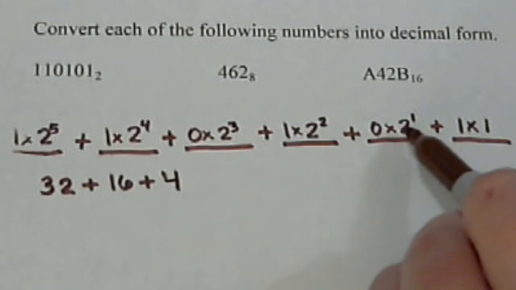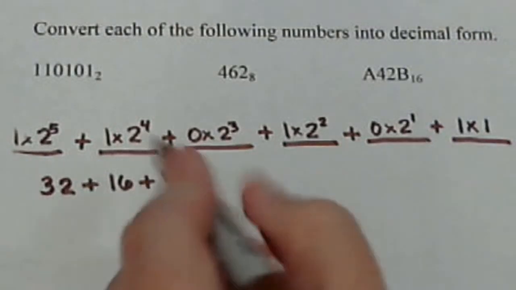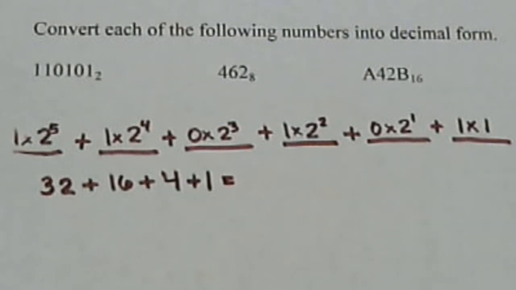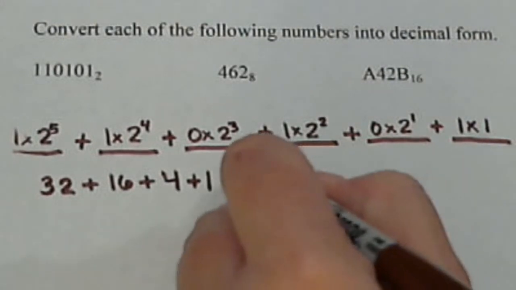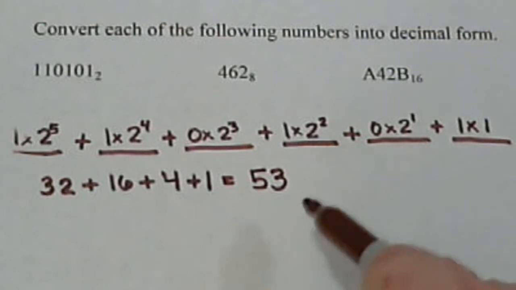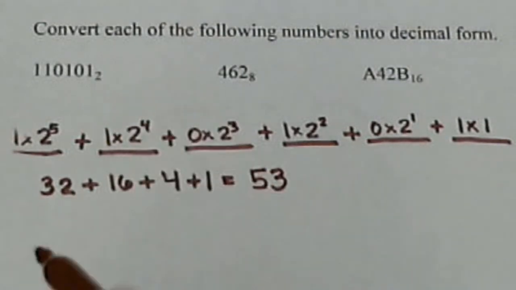We have another 0 term, so that goes away, and 1 times 1 is 1. So we're left with 32 plus 16 plus 4 plus 1. So this is the way to write the regular number 53 using binary.